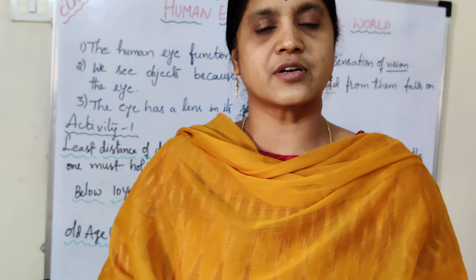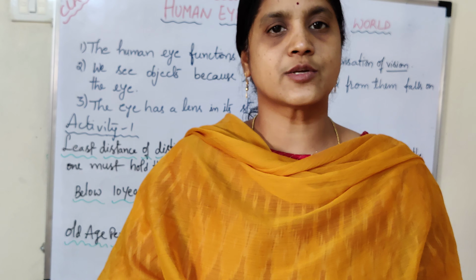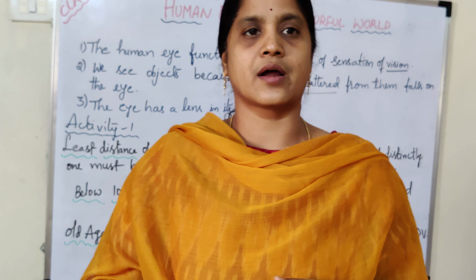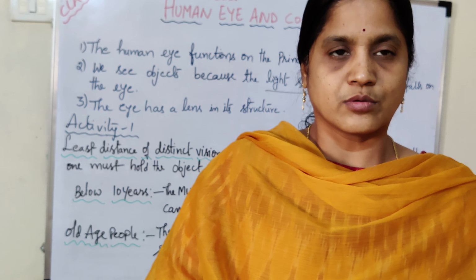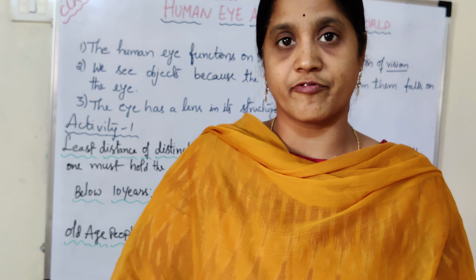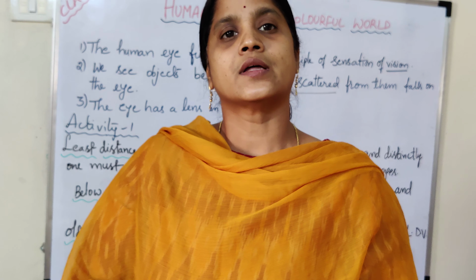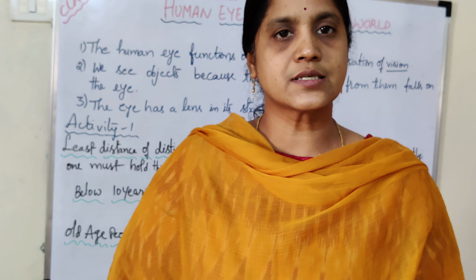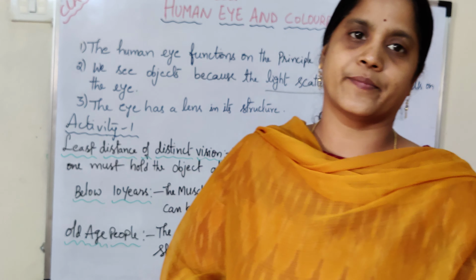It means different aged people keep the newspaper at different distances and read. Why are they keeping it so? In this topic we'll discuss the defects of vision. We'll discuss the types of defects of vision and the correction for them. All that we'll discuss in chapter 5.